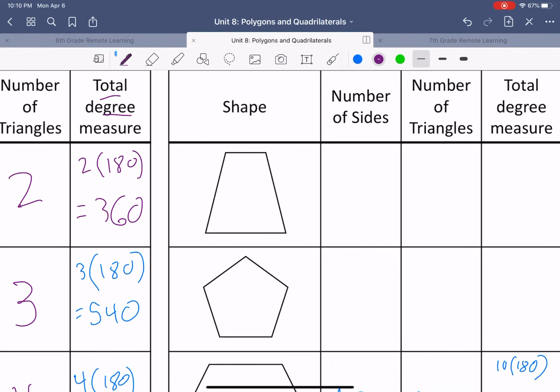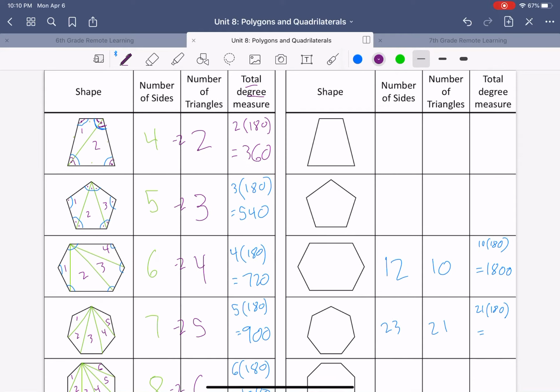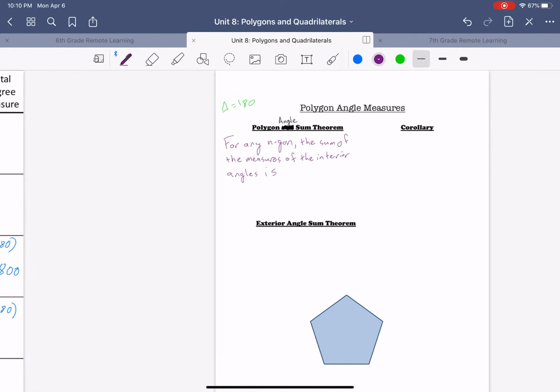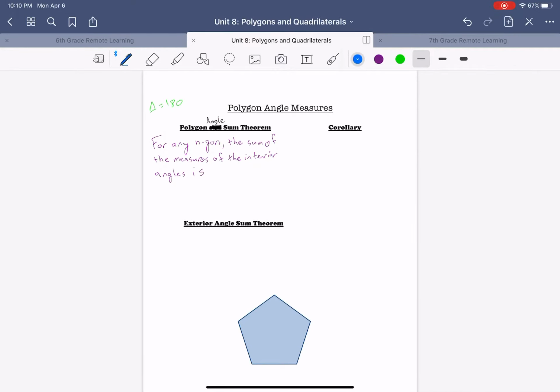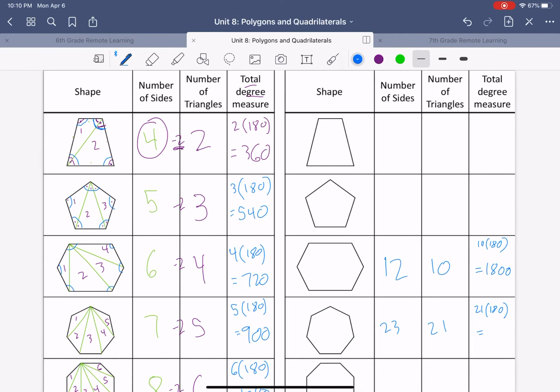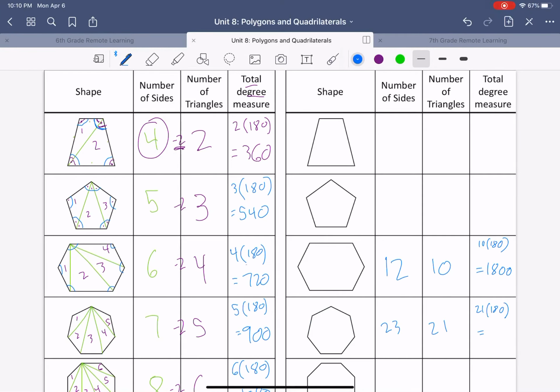So back here, we knew that for whatever our number of sides is, that's n, we subtracted 2 to find the number of triangles. So we had n minus 2, that was the number of triangles. And then we took the number of triangles, and what did we do?